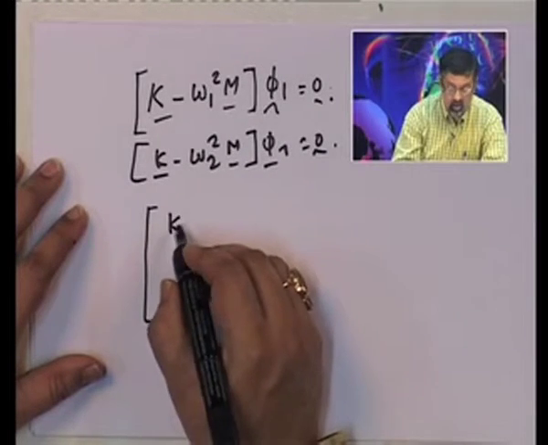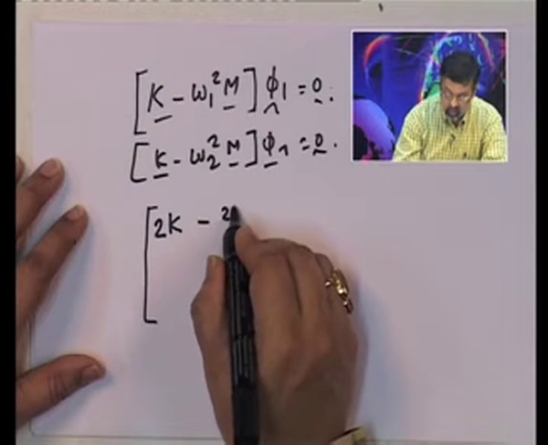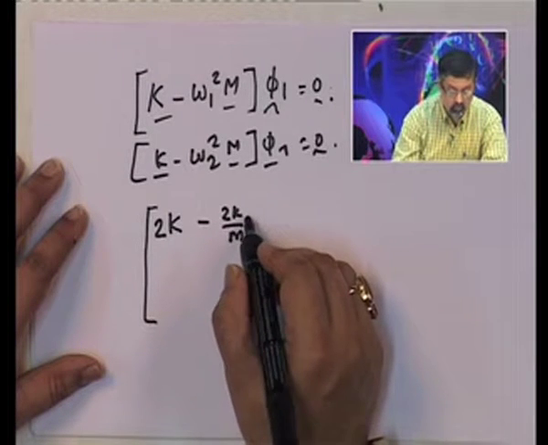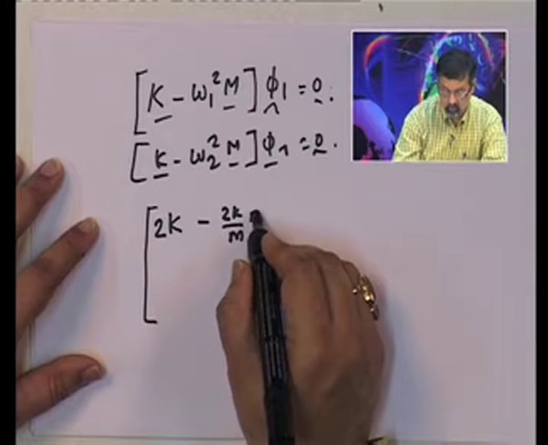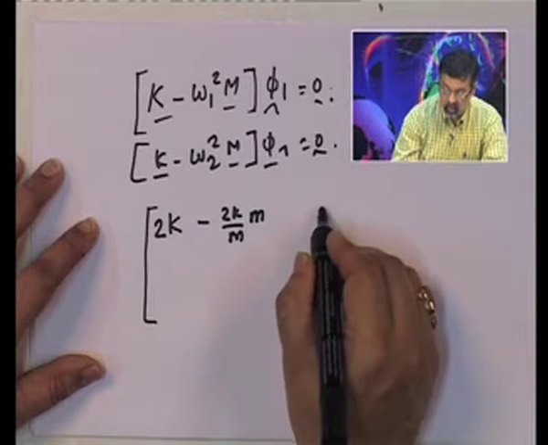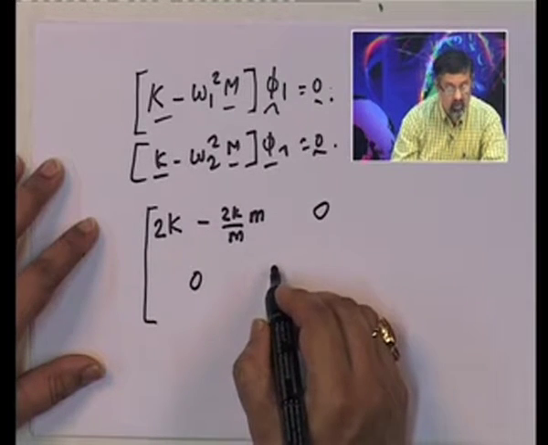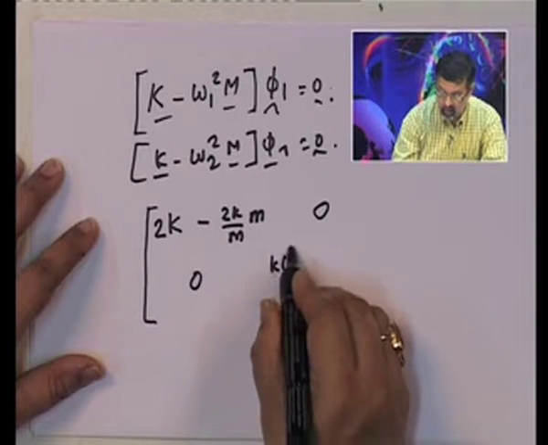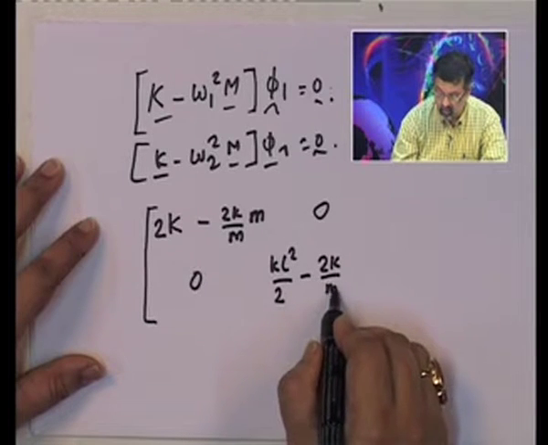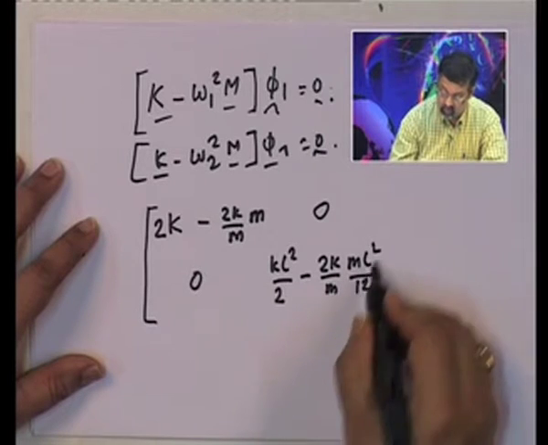So, 2k minus omega 1 squared, which is 2k upon m, into m, 0, 0, and this one is what? It is equal to k L squared upon 2 minus 2k by m into m L squared by 12.